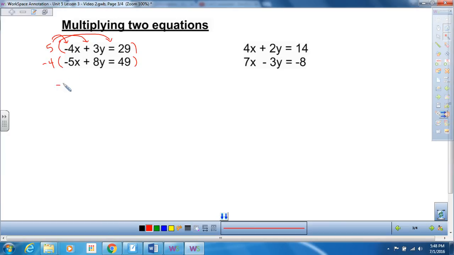So that's negative 20x plus 15y equals 145.